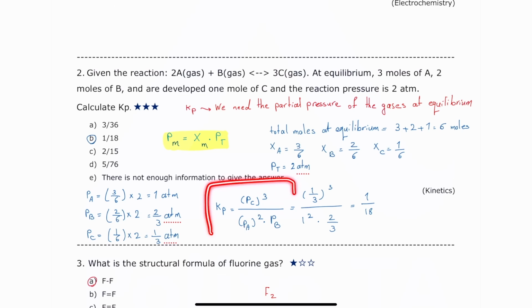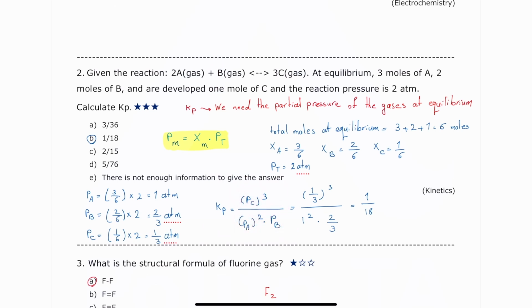So the formula for Kp would be partial pressure of C to the power of 3 over the partial pressure of gas A to the power of 2 times partial pressure of gas B to the power of 1. Therefore, in order to have this equation, we need to find these unknowns.